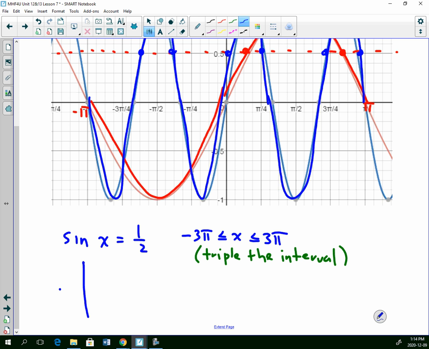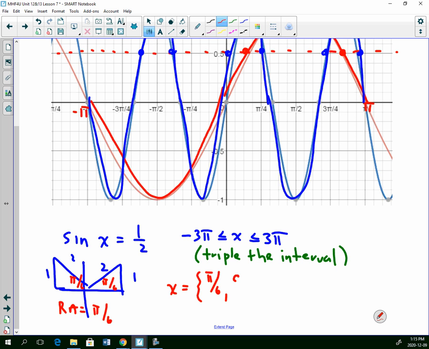So sine is positive, we said in quadrant 1 and quadrant 2, opposite over hypotenuse. So our related angle is pi over 6. Just use the same. So my solution is pi over 6 and 5 pi over 6.